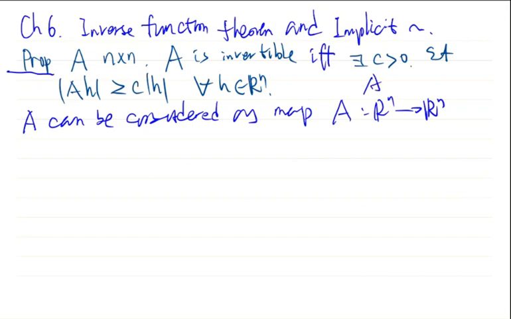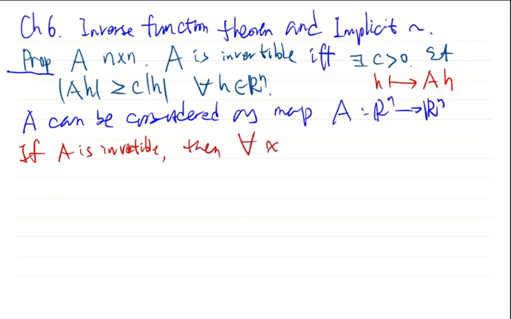This map, a vector H in Rn, is mapped to the multiplication AH. So A is a map. This map is linear. Therefore, using the proposition, we see that if A is invertible, then for any x, y in Rn, we have the norm of Ax minus Ay is at least C times the norm of x minus y.